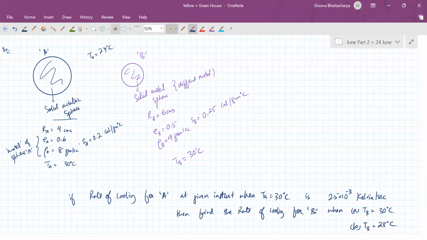In fact, let's do this question this way: the radius is actually unknown, but only the ratio of the radius is known. So if this radius is some r, this radius is 2/3 of r. Rest of the details are known.